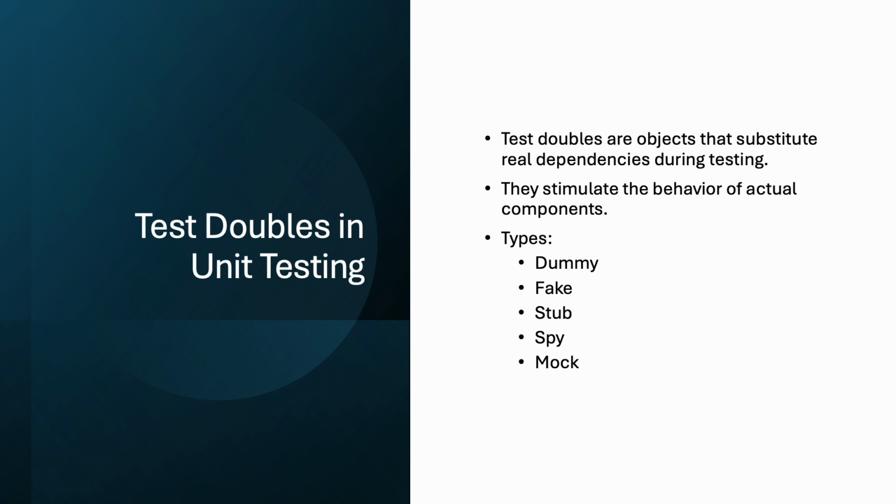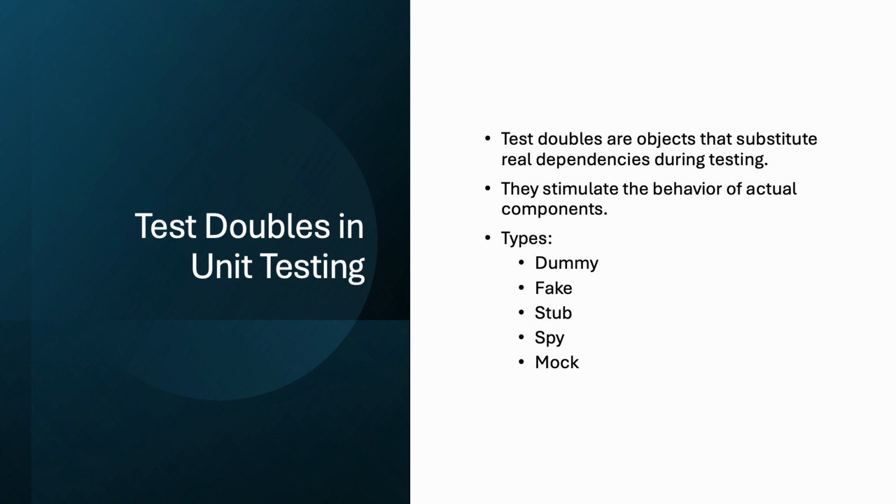Test doubles are objects that substitute real dependencies during testing. They simulate the behavior of actual components. There are various types of test doubles in unit testing.